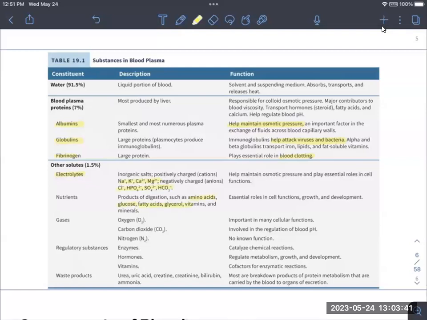Fatty acids, cholesterol, vitamins, and minerals are all being absorbed from any foods that we eat. Oxygen and carbon dioxide are the two main gases found, but we also have small amounts of nitrogen in our blood. Then those regulatory substances, I mentioned hormones, enzymes, vitamins. And then we have different waste products. We'll go through some of these waste products as we get through this blood chapter.